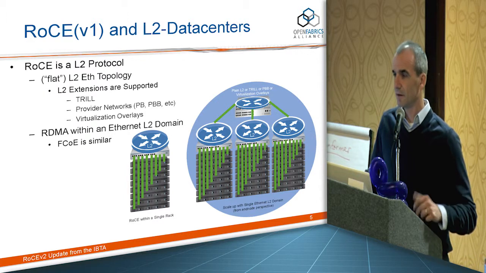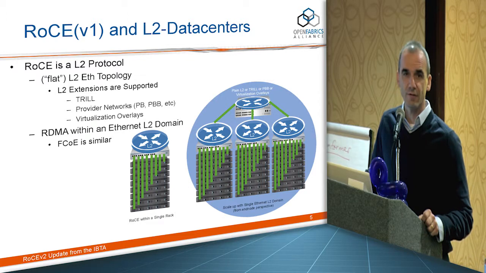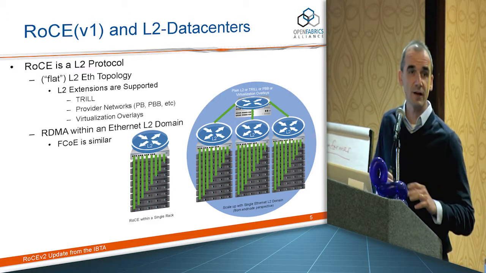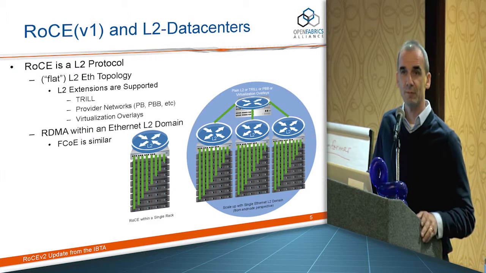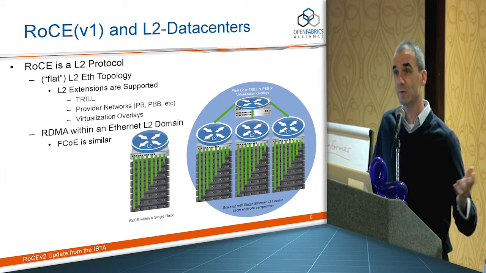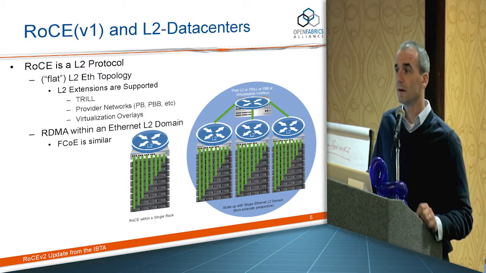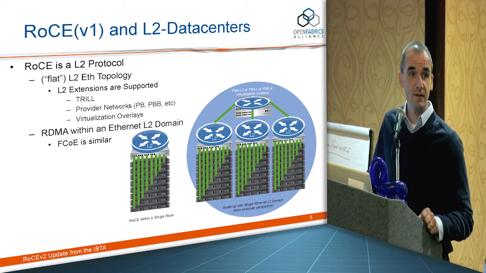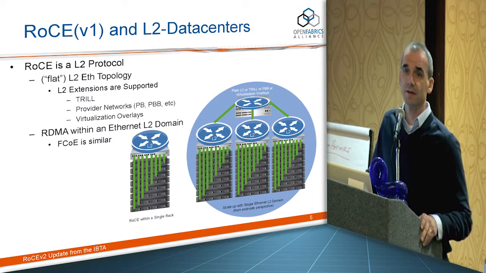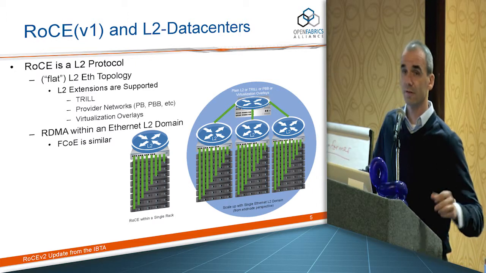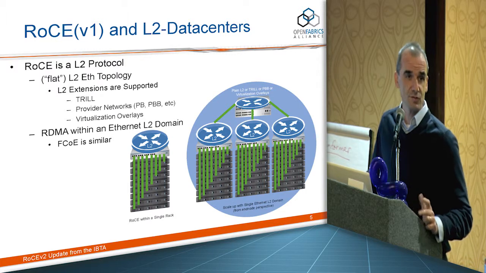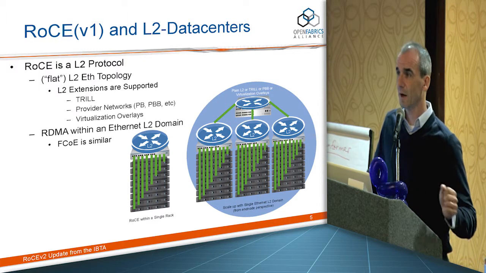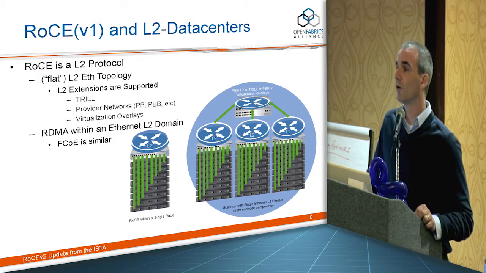And Ethernet layer 2 fabrics go all the way from single racks, typically a couple tens, maybe 40, all the way up to 80 maybe nodes, to much bigger deployments where people aggregate racks using either flat layer 2 topologies or more evolved techniques that encapsulate those layer 2s and create the illusion of a single layer 2 domain with techniques such as TRILL, provider bridges, provider backbone bridges, and newer overlay networks that allow to do that.